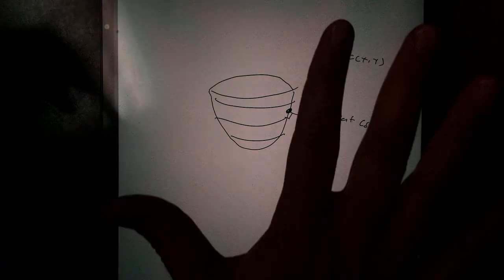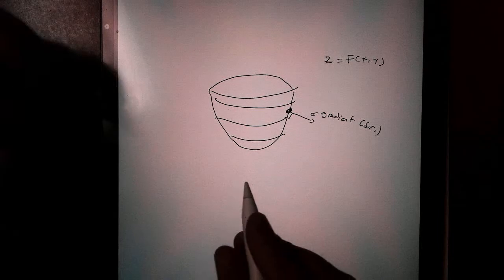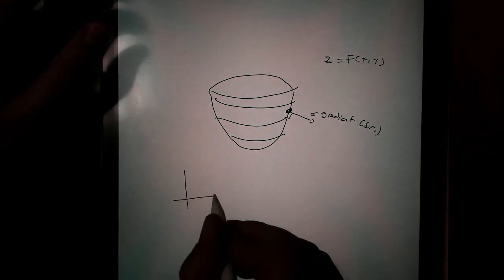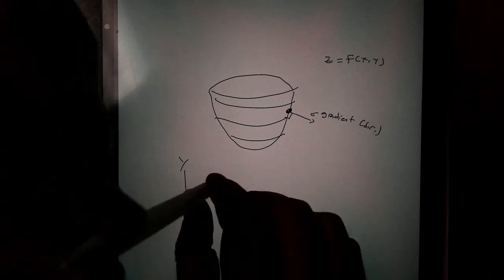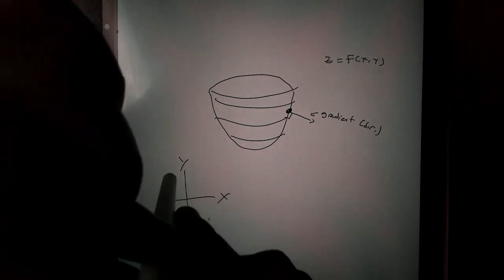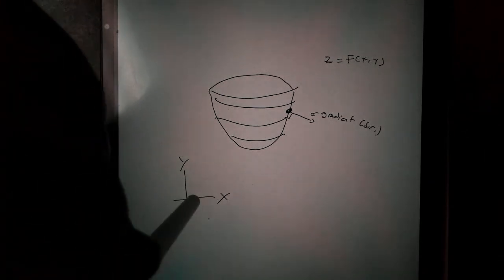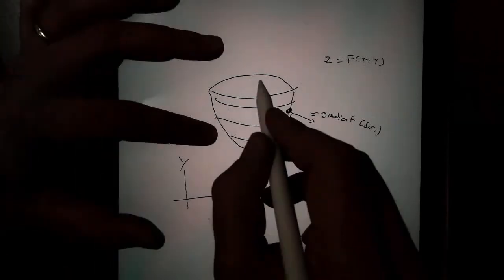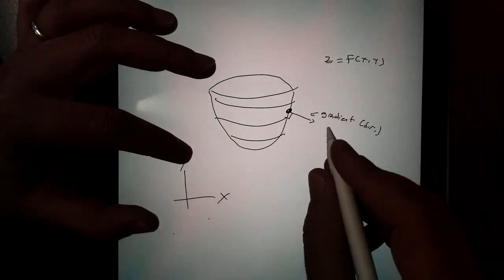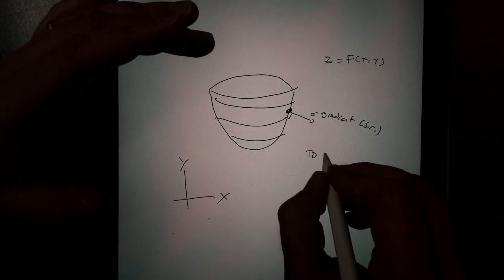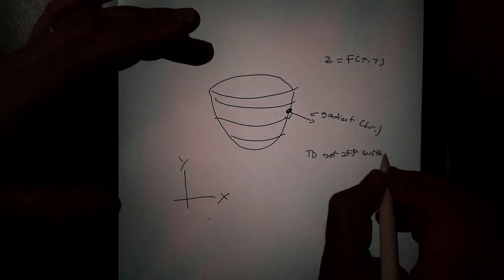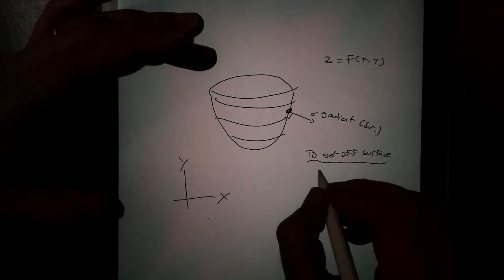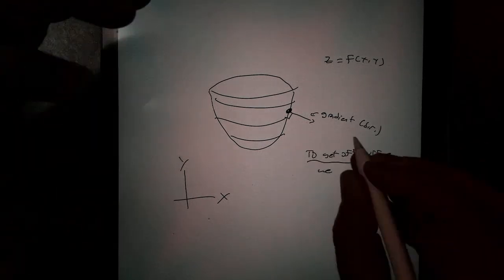If I want to find the quickest direction off a plane, let's say we look at the x, y plane, what's the quickest direction off that plane? Straight up. I'm adding a third dimension. So if I'm on a three-dimensional surface, in order to get off the surface, we need a fourth dimension.